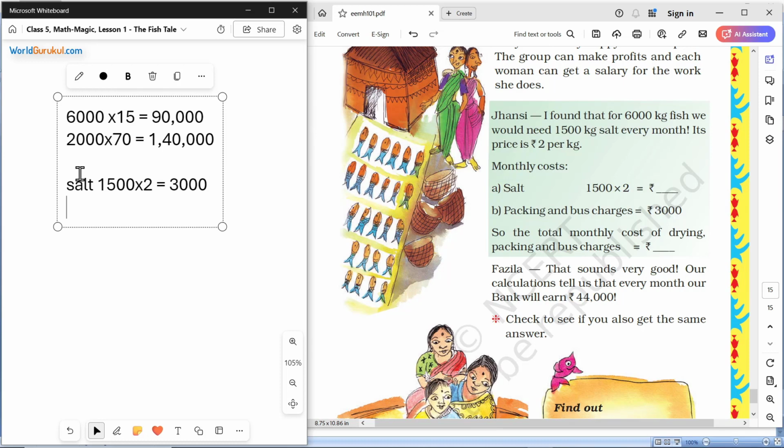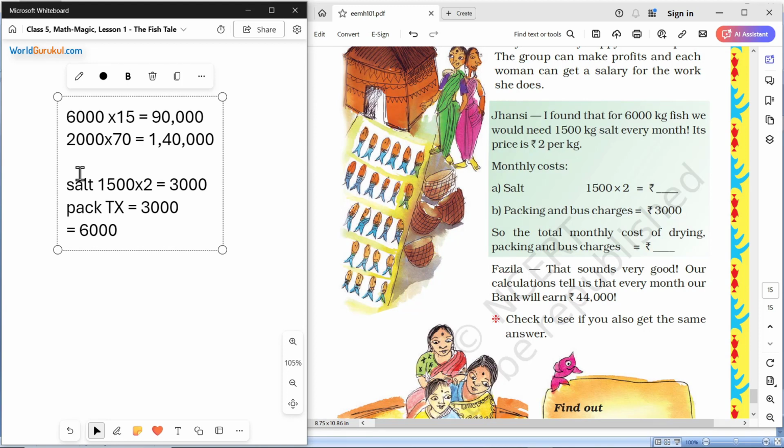Packaging, pack and transport. How much? That is 3000. They have to pack in the containers, and they have to transport it by the vans, vehicles, cold storage transport vehicles. So their cost is 3000 plus 3000 is 6000.